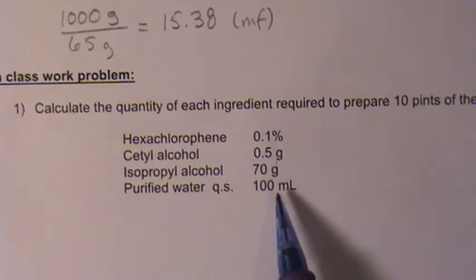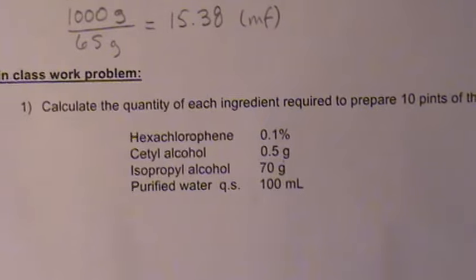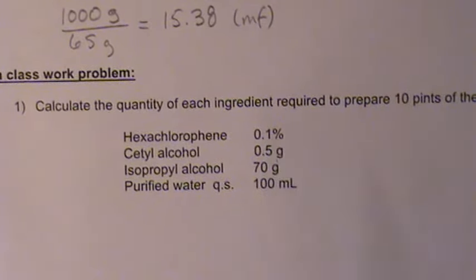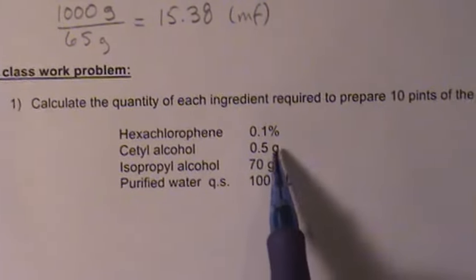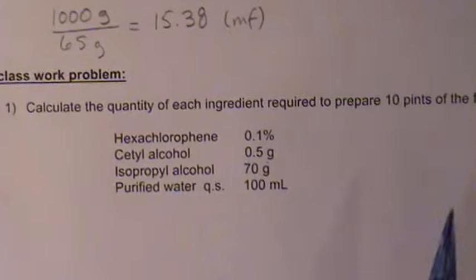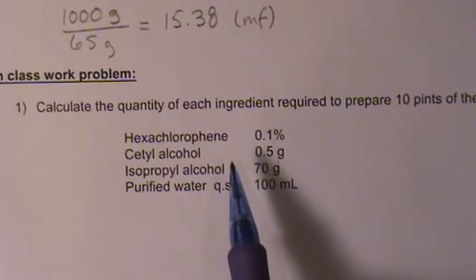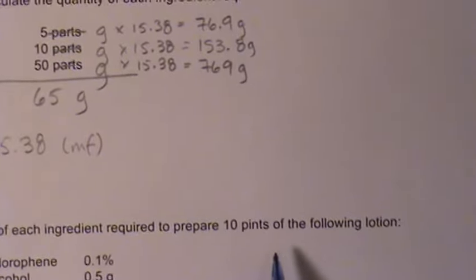So in this case, when you do a multiplication factor, just use your brains. You're not going to multiply that by your multiplication factor, because then you're not going to have 0.1%. You can multiply these and do that, but then you're going to have to figure out how much hexachlorophene you need to make whatever the total you want. And in this case, I'm saying 10 pints.